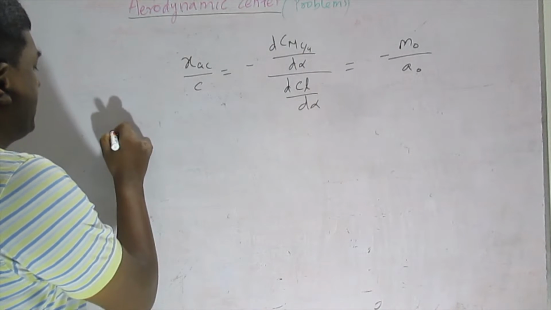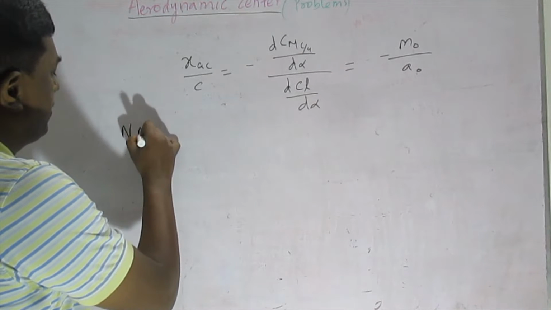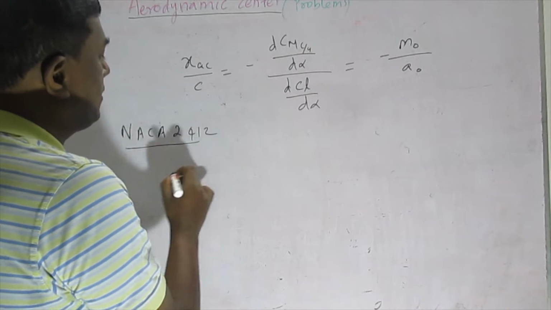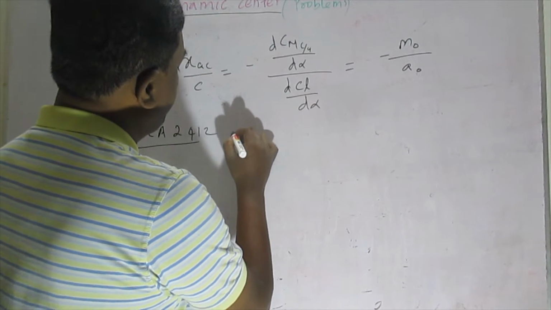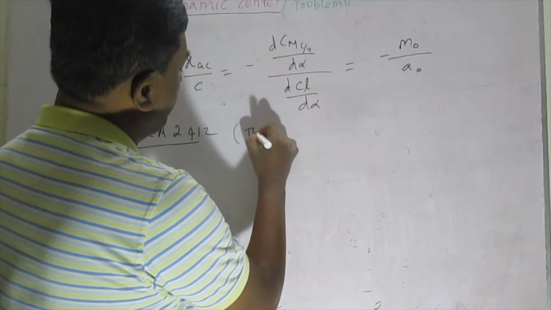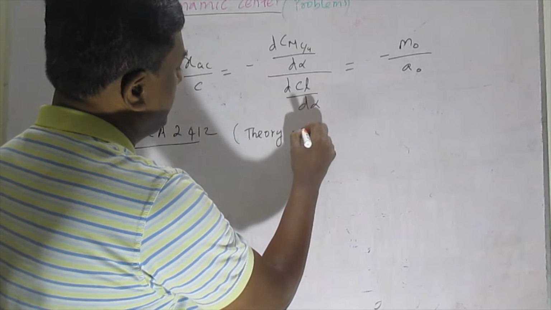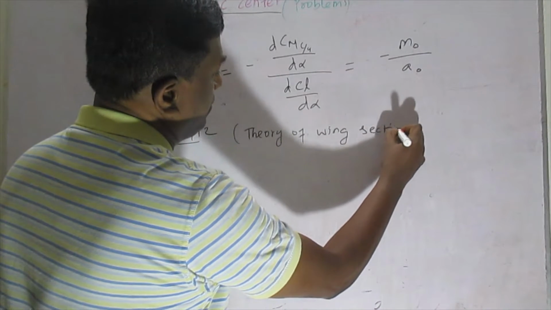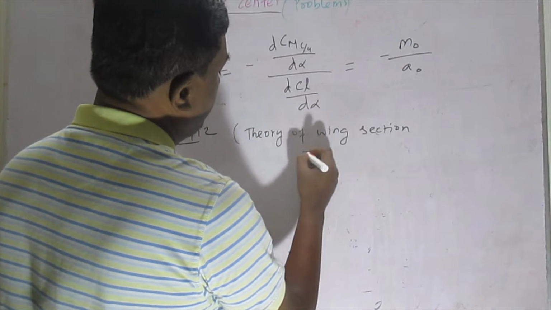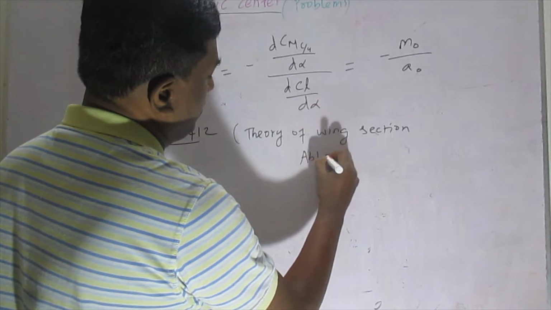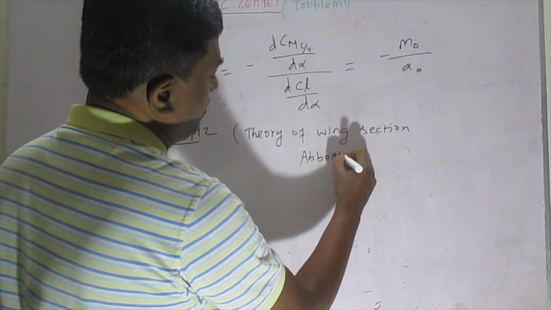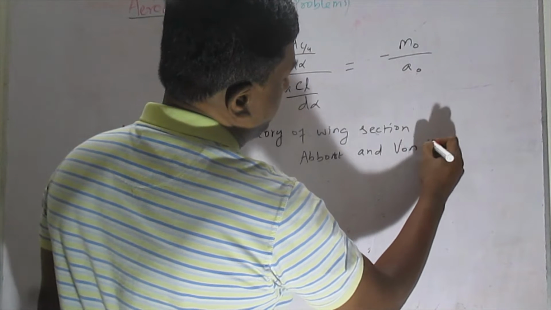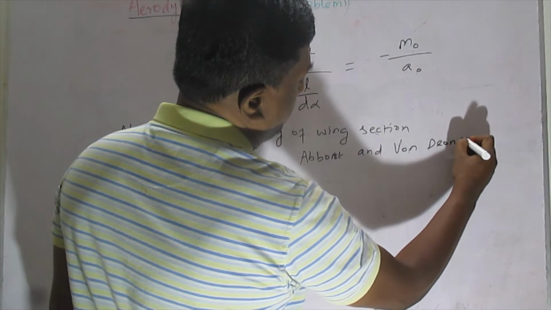This problem is based on the NACA 2412 aerofoil. This data has been taken from the book Theory of Wing Sections.